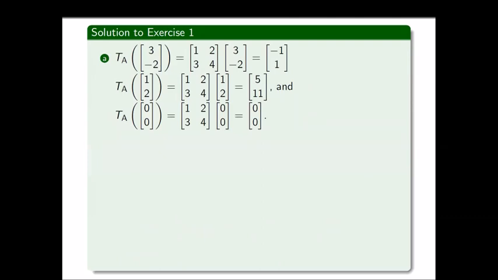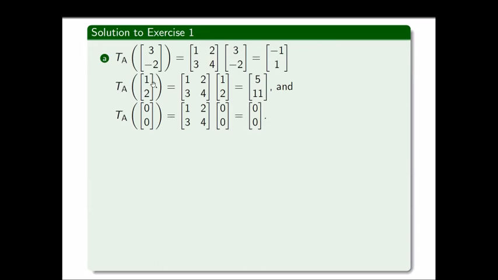The first part is fairly easy at this point because we've learned how to multiply matrices and vectors together. Because we know what A is, the linear transformation of A is going to multiply whatever input we have with the matrix A on the left. So TA of (3, -2) is just going to be [1, 2; 3, 4] times the vector (3, -2).